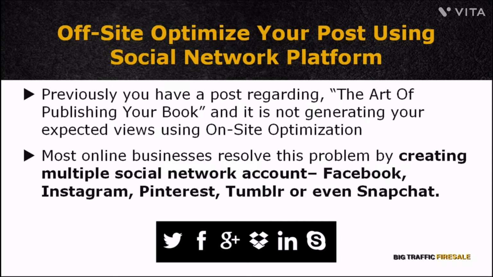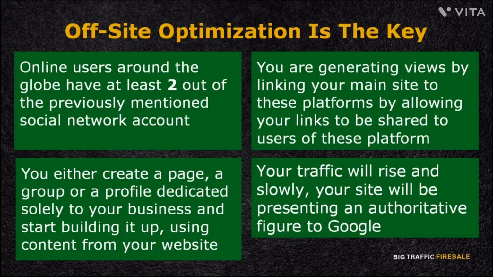Most online businesses resolve this problem by creating multiple social network accounts. These social network giants, such as Facebook, Instagram, Pinterest, Tumblr, or even Snapchat, are sometimes more efficient in driving traffic than your sole website. This is because online users around the globe have at least 2 out of the previously mentioned social network accounts.